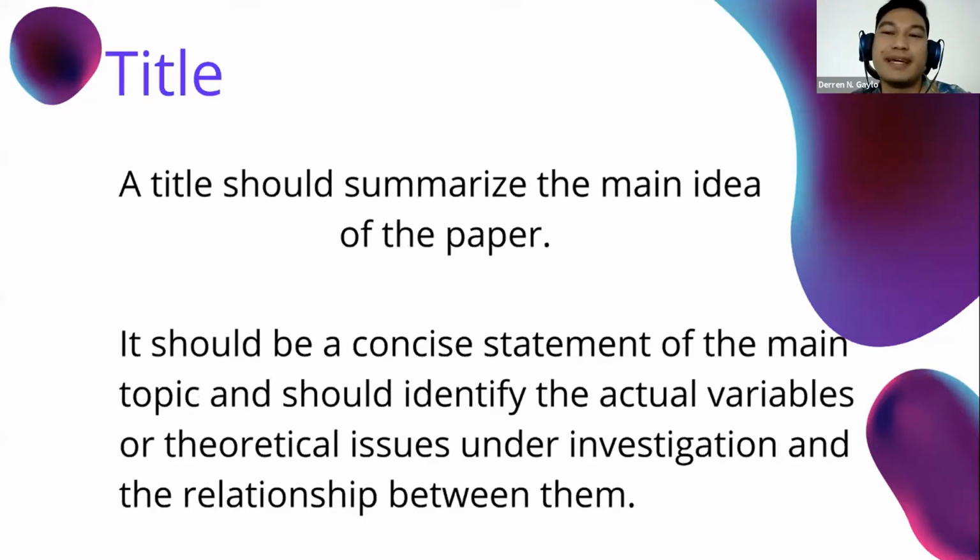If you have the main idea, meaning you are able to target your variables, or the different concepts that you have in your paper, it should be a concise statement of the main topic and should identify the actual variables or theoretical issues under investigation and the relationship between them. So I have here some tips on how to maybe write a good title.